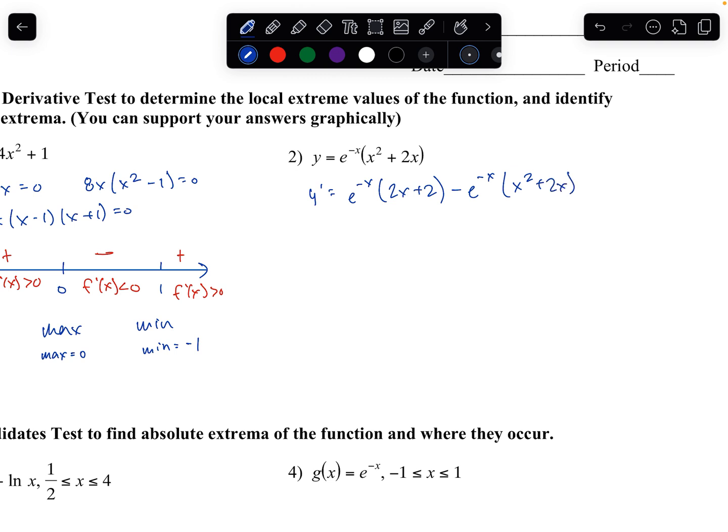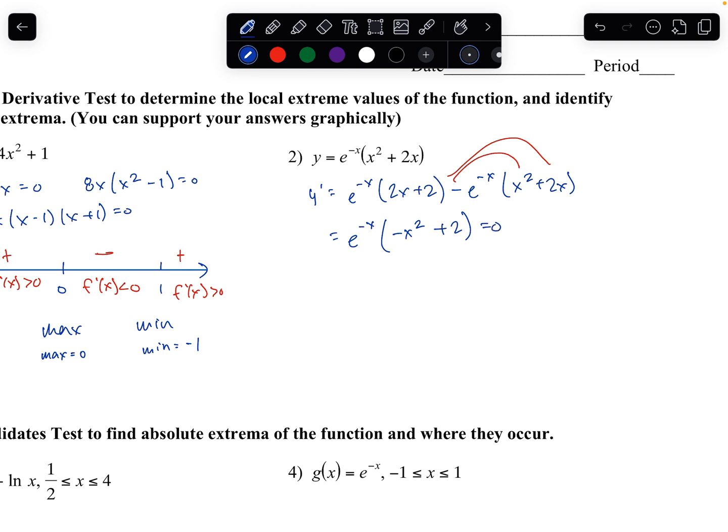And then if you simplify this, you can take out an e to the negative x. And then don't forget that this would have to be distributed, but then we can combine like terms. So we'll have 2x. That's going to make it negative 2x, which will cancel. We're going to have negative x squared plus 2.